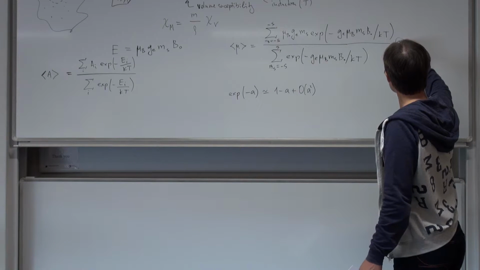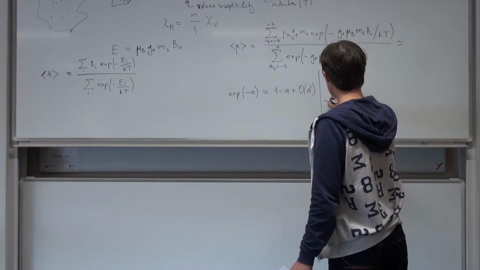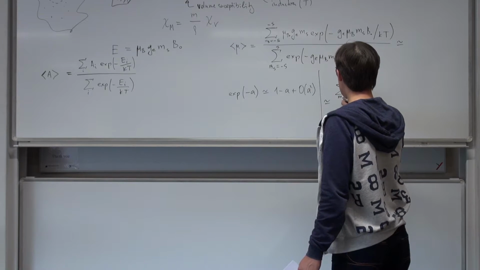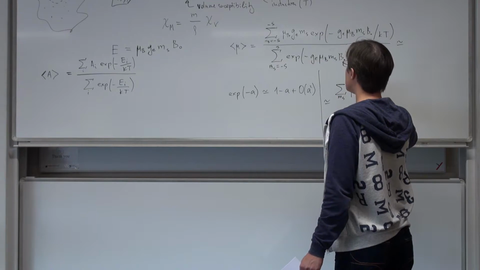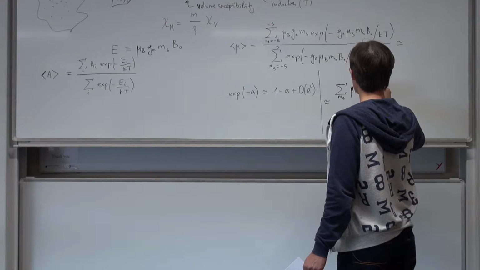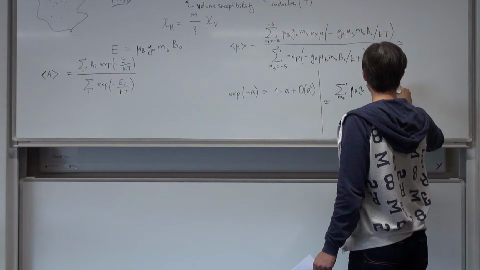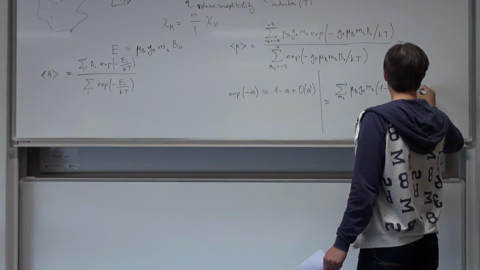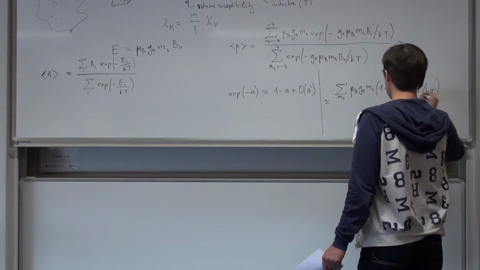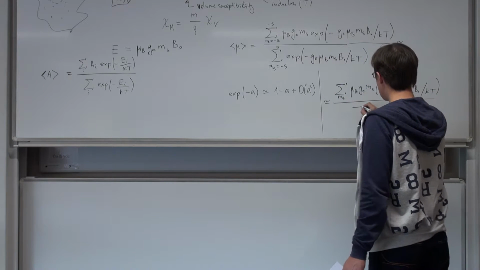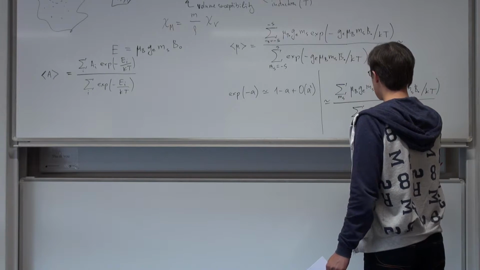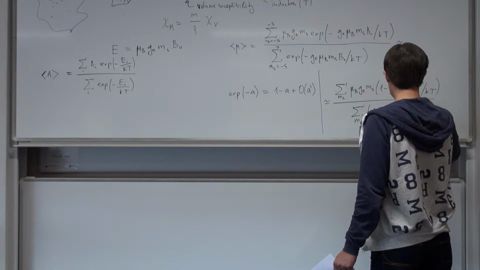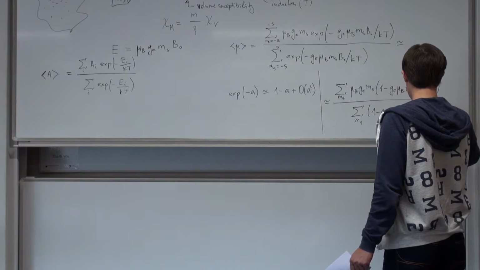So that becomes approximately equal to the sum over m_s of mu_B g_e m_s times (1 minus g_e mu_B m_s B_0 over kT), divided by the sum over m_s of (1 minus g_e mu_B m_s B_0 over kT).